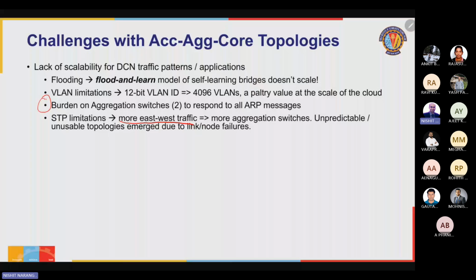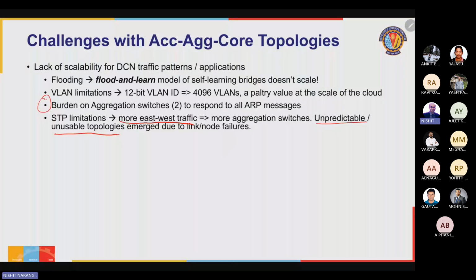I mean, think of it like having some bugs in the protocol itself, that it eventually lands up defining certain unpredictable and unusable topology. So this is what network administrators have observed by experience.